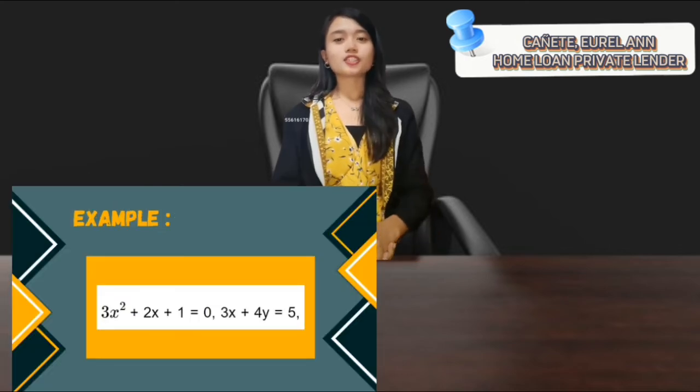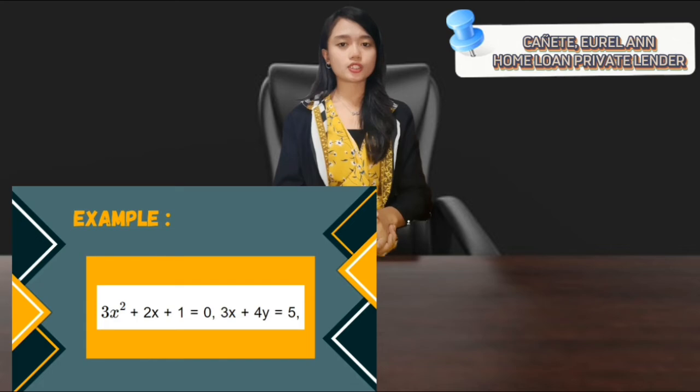For example, 3x² + 2x + 1 = 0 and 3x + 4y = 5. The first is an example of a nonlinear equation because it has the highest degree of 2, and the second equation has variables x and y. When the nonlinear equation is plotted on the graph, we will get the below curve.